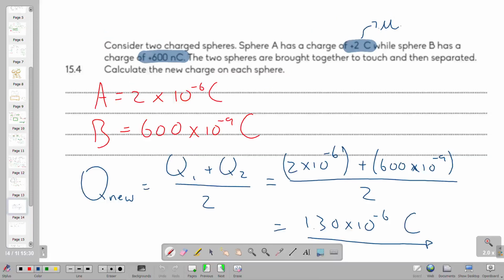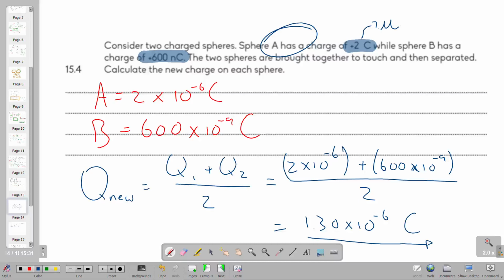In this example, sphere A and sphere B, which one was more positively charged? Micro is much bigger than nano, so sphere A is the object from which the electrons will flow.